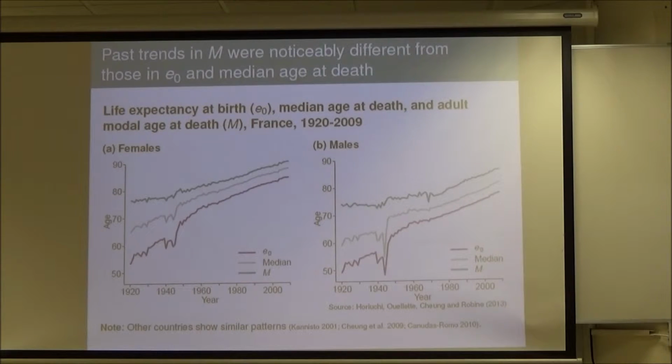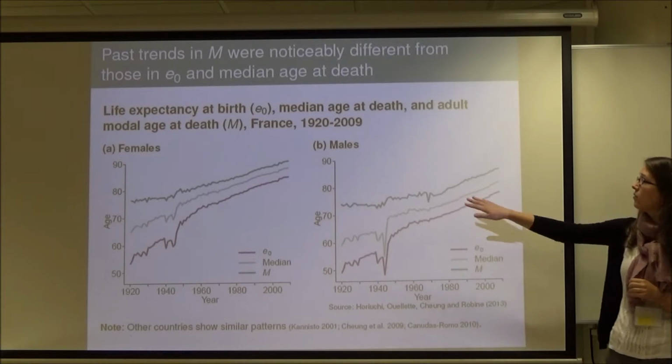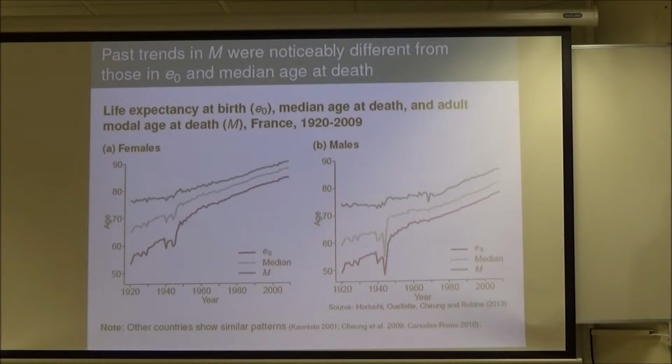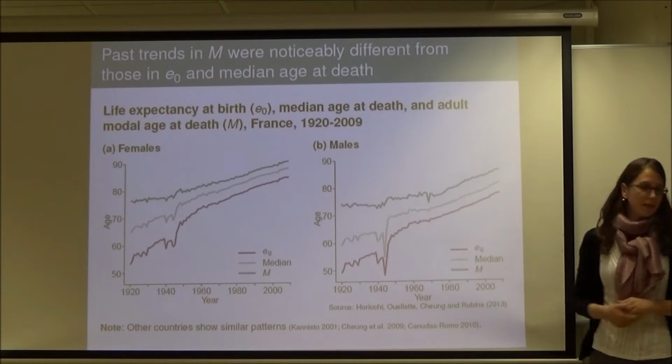Then, after that, the life expectancy at birth and the median age at death tend to slow down, and this is where the mode actually picks up and starts to rise. It started to rise among females first, around 1945 about, and for males not before 1970.